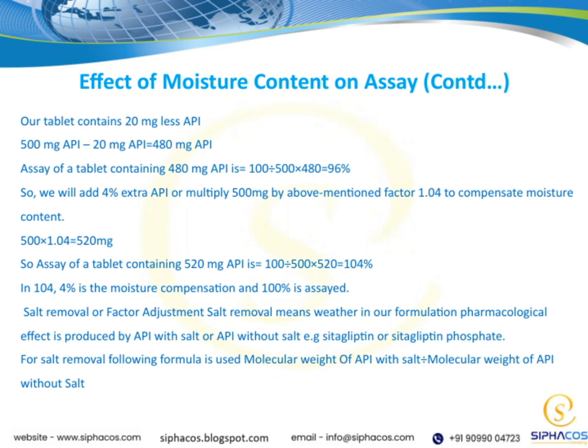To calculate the assay of a tablet with 480 milligrams of API, we use this formula: 100 divided by 500 multiplied by 480, which gives us 96%. This means the actual API is at 96% of the stated amount.